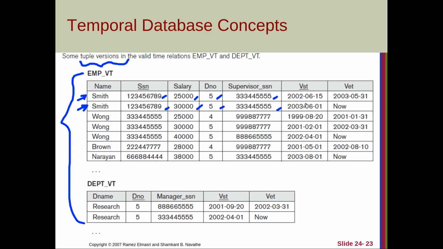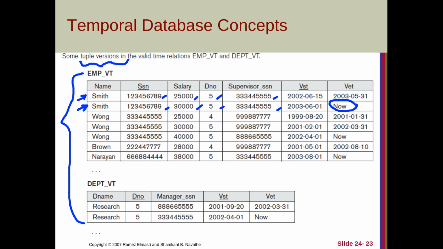Now you can see what his valid end time is. Currently he is working with this arrangement, so the valid end time is given a special value called now. If any tuple in the temporal database consists of the special value now, that indicates this is the current tuple version.